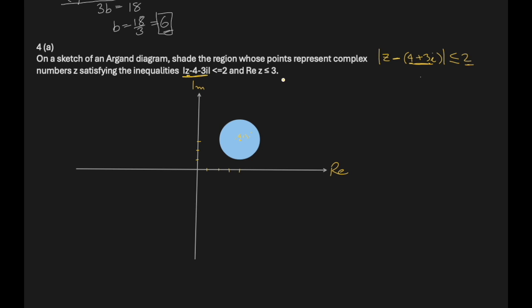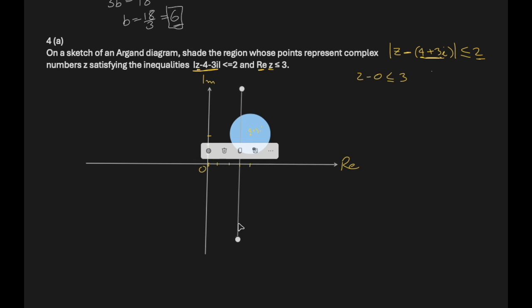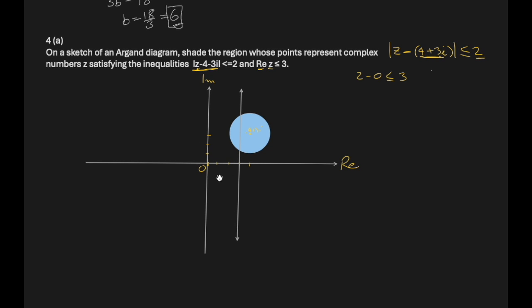Okay, so on a sketch on Argand, shade the region. I have this already shaded inside because it's less than or equal to 2. Whose points represent complex number Z satisfying the inequality, and there is one more condition, which is the real part of Z is less than 3. This is the line where real part is 3, right? But we want less than or equal to 3. That means we have to shade the smaller than this part, right?